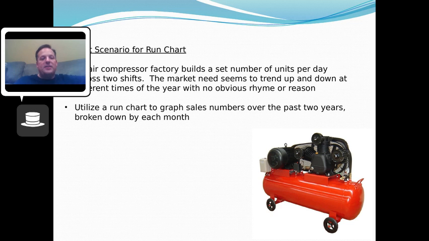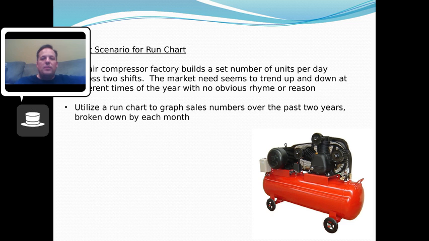The project scenario we're going to get into here, my example, is for both the run chart and the control chart, but for the run chart, it's an air compressor factory that builds a set number of units per day across 2 different shifts. The market need seems to trend up and down at different times of the year with no obvious rhyme or reason. In my scenario, let's say that there's no summer rush or winter rush.